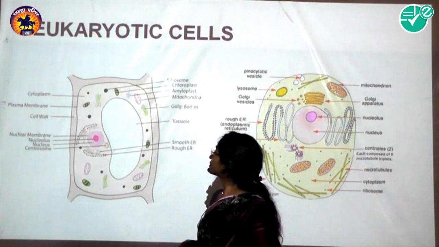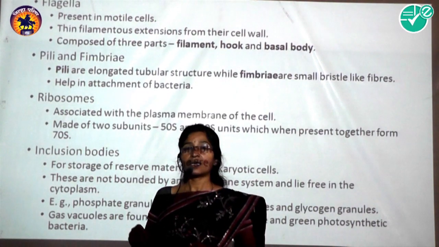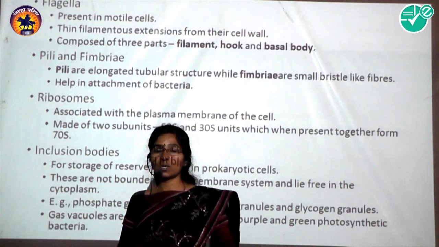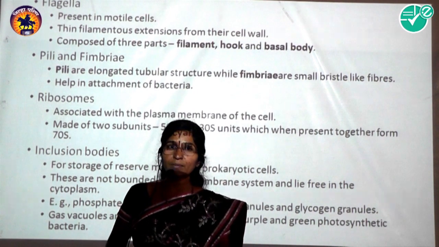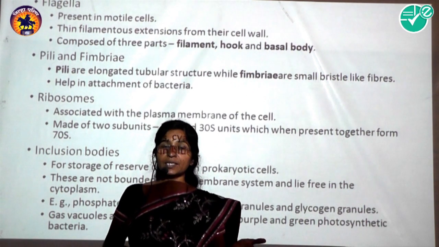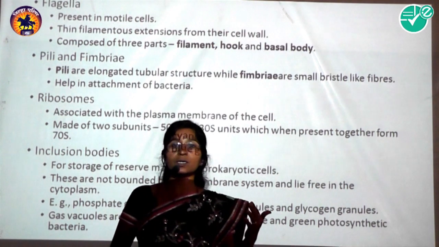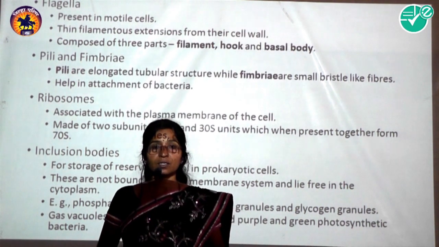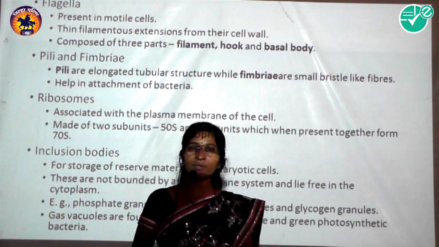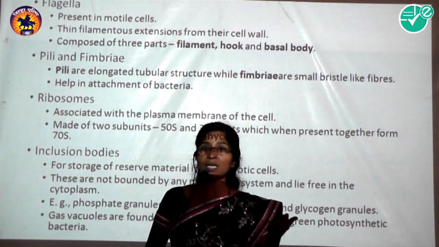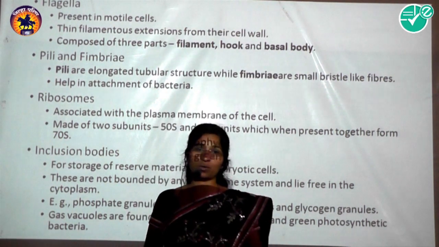Next. Cyanobacteria are photosynthetic bacteria. Some bacteria also help in nitrogen fixation. These can be symbiotic or non-symbiotic. A symbiotic example is Anabaena and a non-symbiotic example is Nostoc.